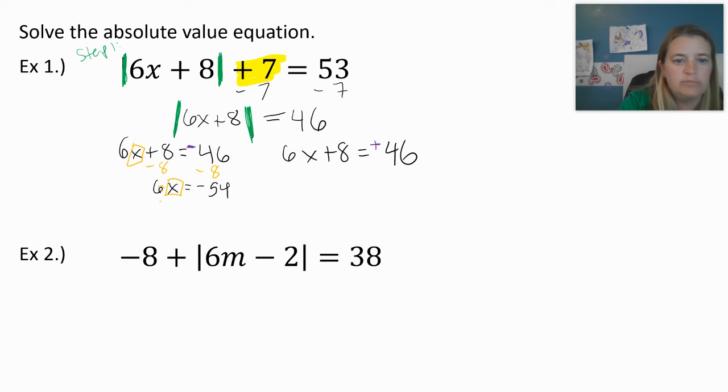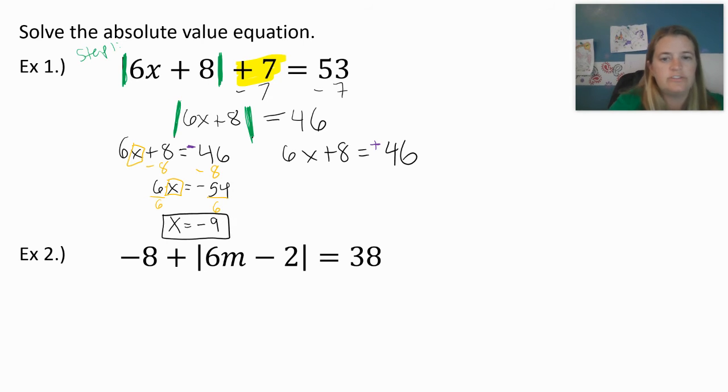The opposite of multiplying, because this is 6 times x, is dividing. So we're going to divide each side by 6. And we know that 6 goes into 54 9 times, but since it's -54, it should be -9. And that's one of our answers.